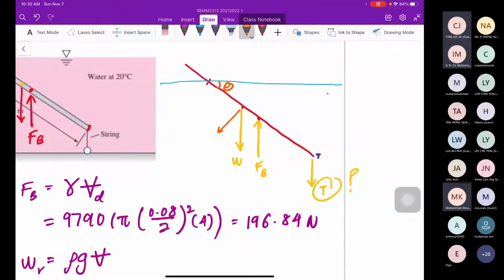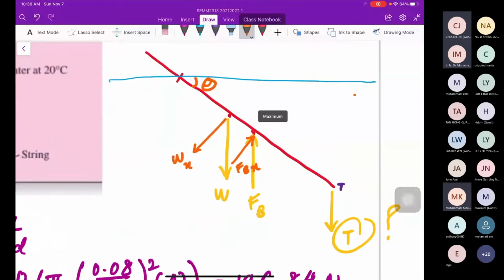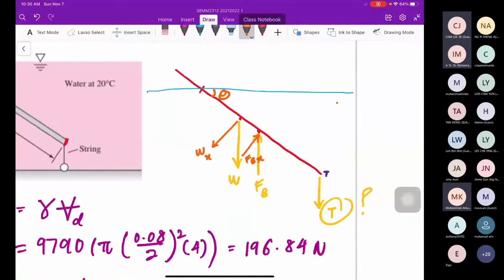Okay, so this is Wx, and this is FBx. Okay, so how to calculate the Wx? By considering the theta here. Where is the theta? Okay, let me put this way.